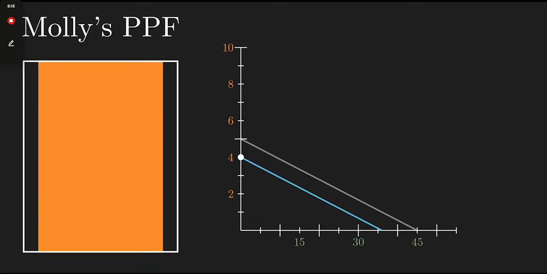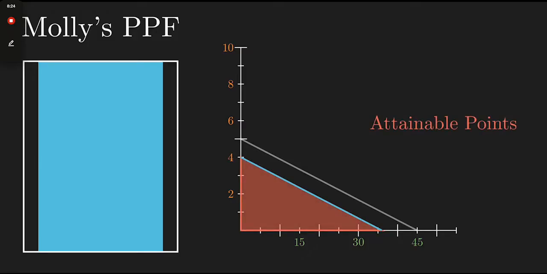Just to visualize her crop decisions as a point on her PPF, we can just move this around. But let's think about some regions. As we've already shown, everything on or inside the PPF is what we call attainable. But we also have this pink region, and these are, loosely, no longer attainable. These are all the points that used to be attainable given her earlier level of technology and labor.